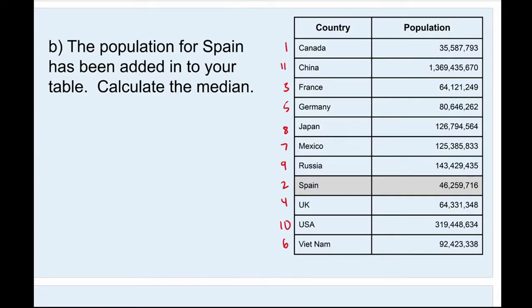So here we have an odd number of data points. Because we have an odd number of data points, I just need to count to the middle.